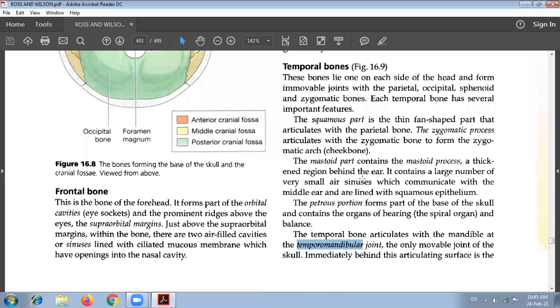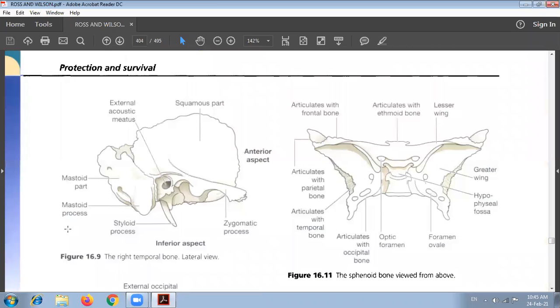Then here you can see the different views: the lateral view of our right temporal bone and the sphenoid bone viewed from above. Lateral view means from the side. From the side, the structure of our skull looks like this.